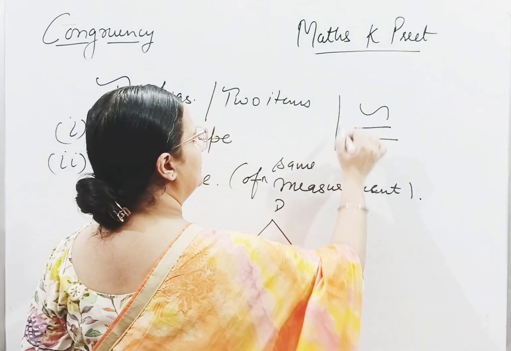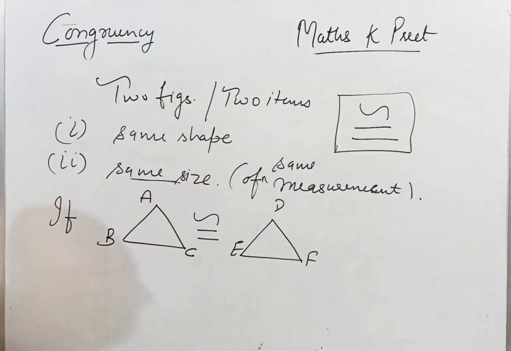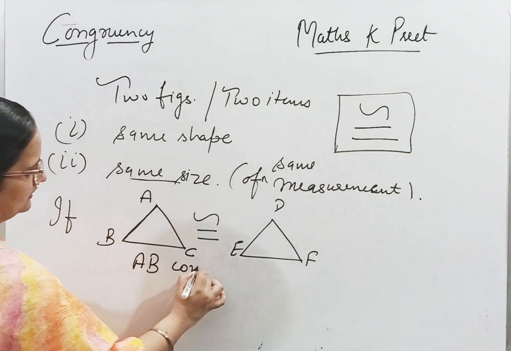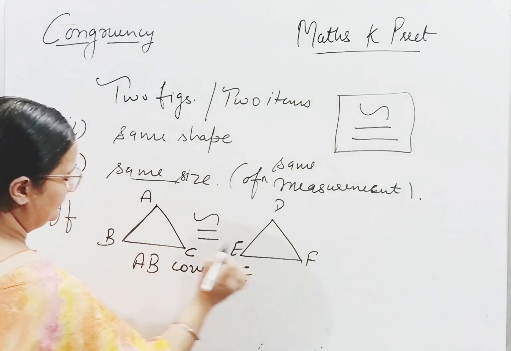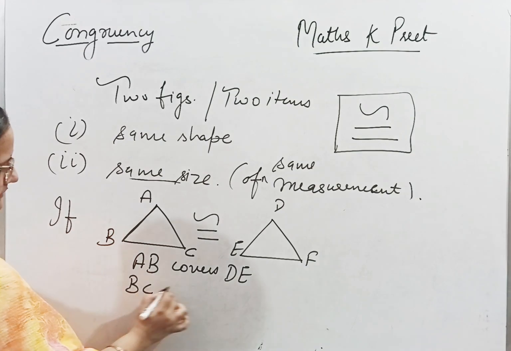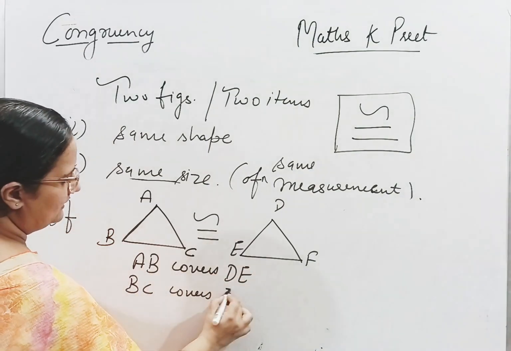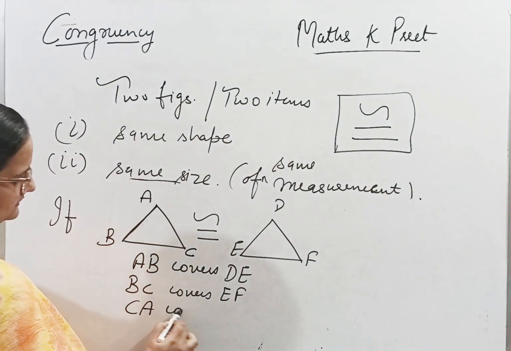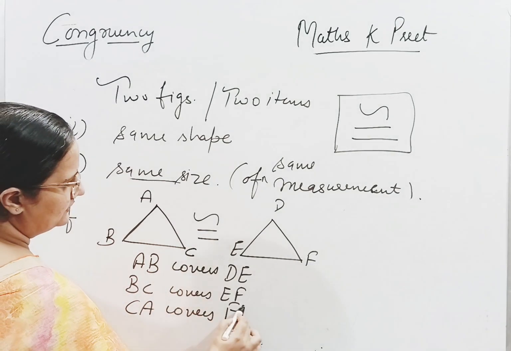This is the symbol for congruency. If triangle ABC is congruent to DEF, then sides of triangle ABC fall on corresponding equal sides of triangle DEF. So AB covers DE, BC covers EF, because these are, I am writing, congruent, and CA covers FD.